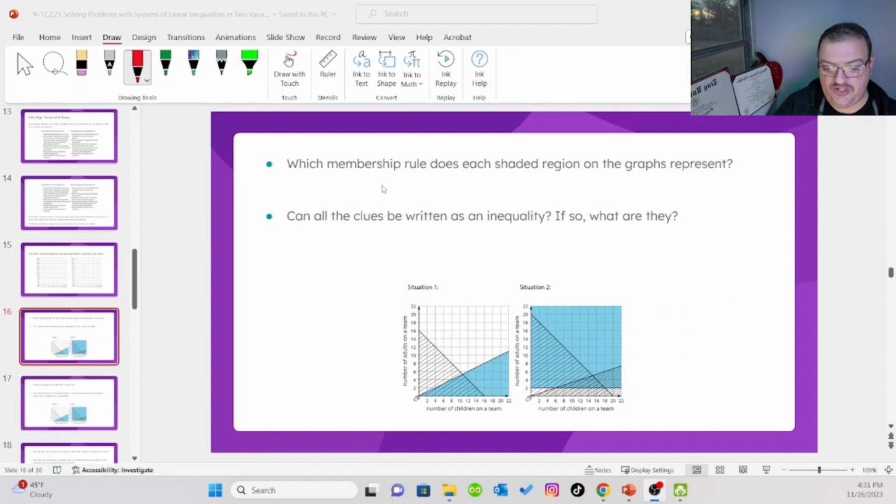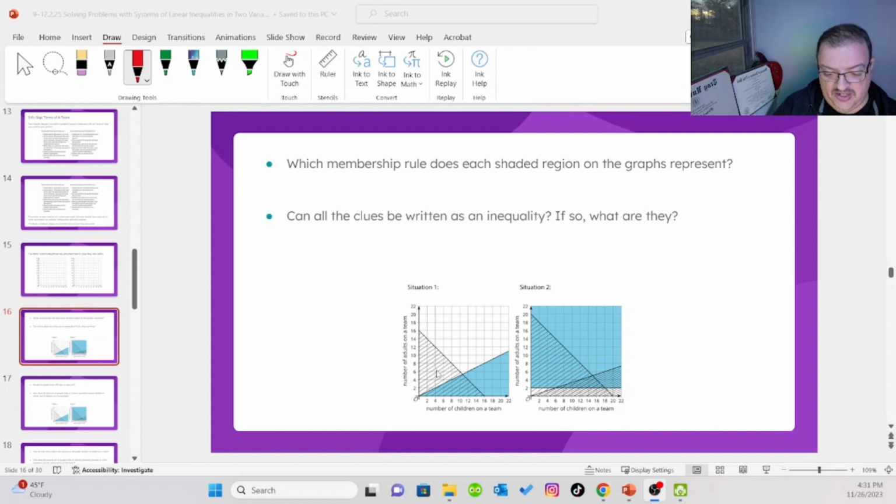So which membership rule does each shaded region on the graphs represent? In situation 1, the blue shaded region tells us as the number of adults increases, so does the number of children.